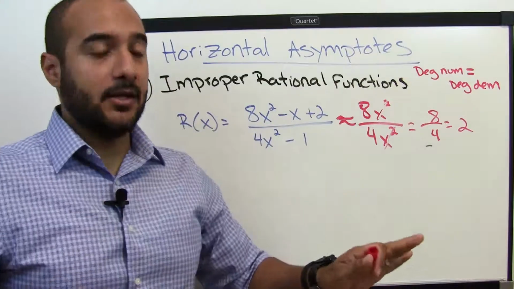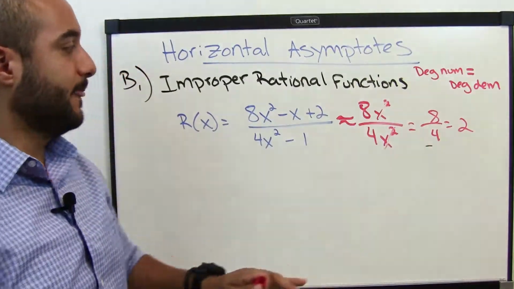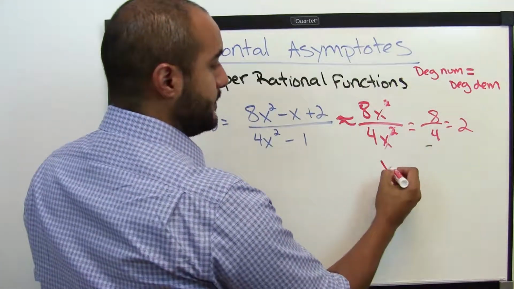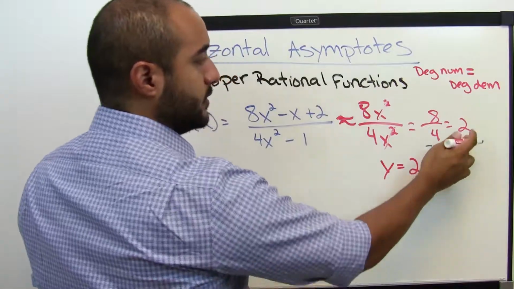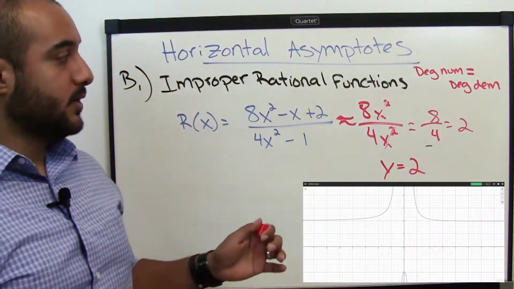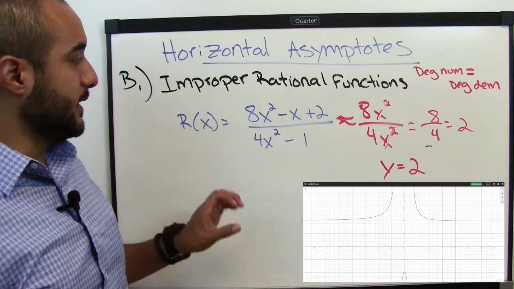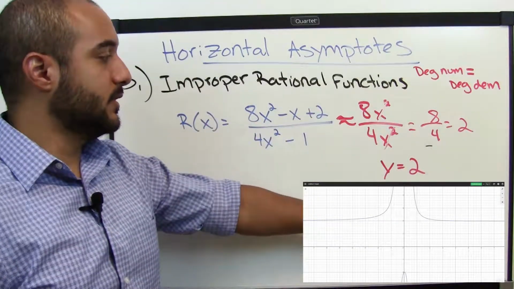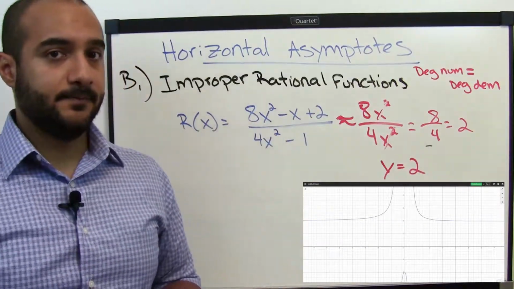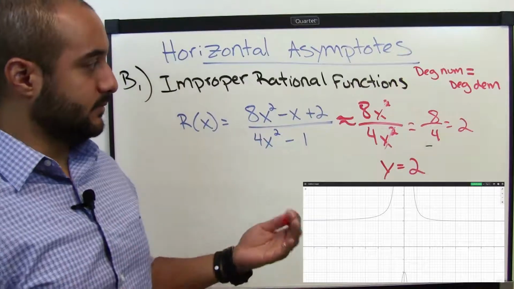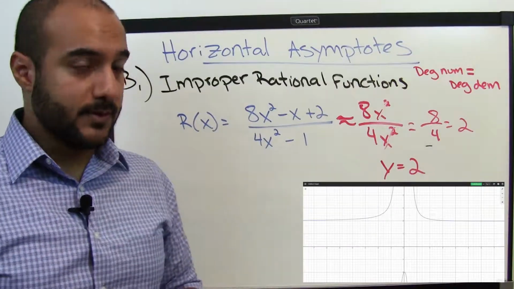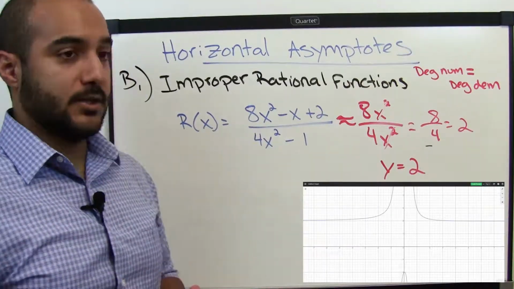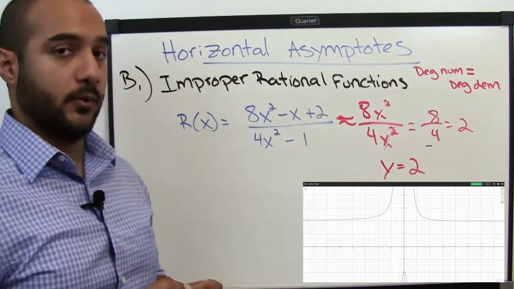I get a number. So this lets me know that this will approach positive 2. So all I really need to look at is my leading terms to see what's happening there. These are good to work with as well, because you'll get your horizontal asymptotes right away.